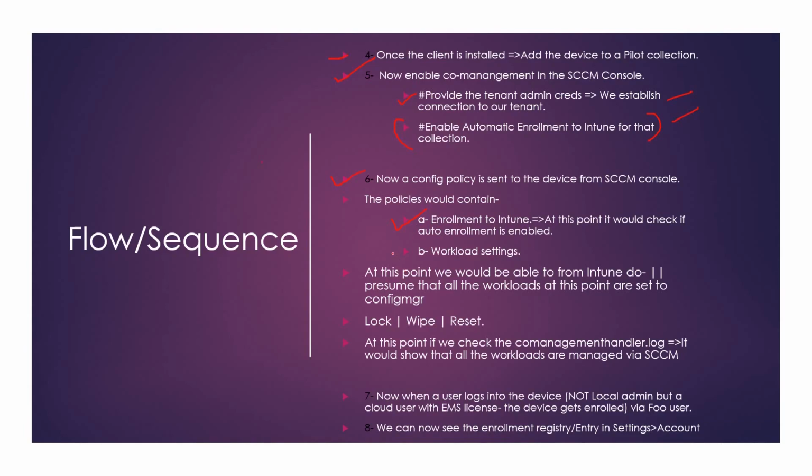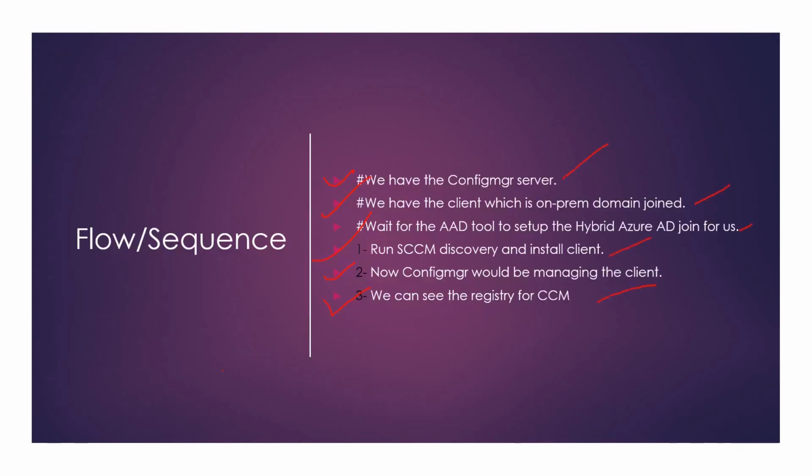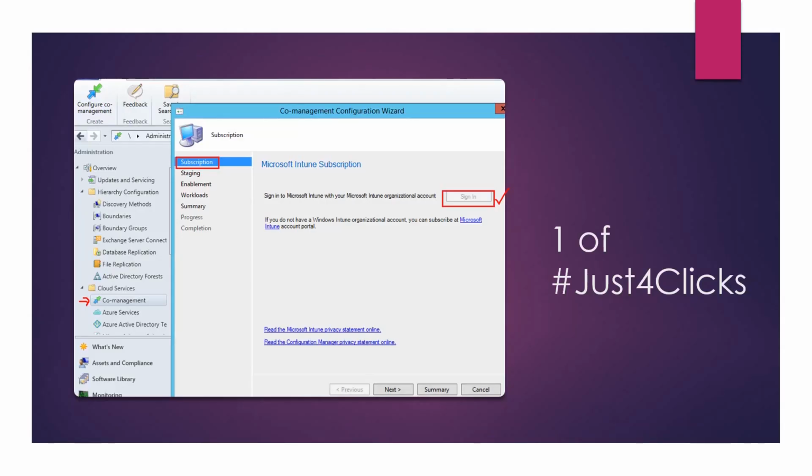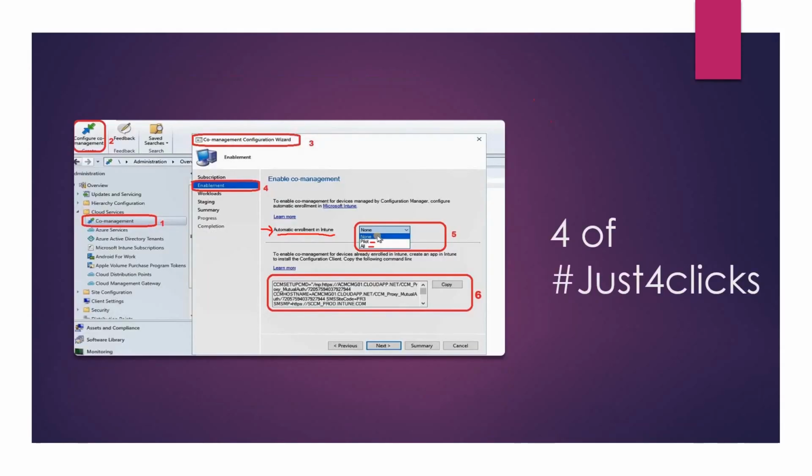The second piece of information that policy contains is the workload setting. Okay. So in this screenshot, let me just show you guys again. In the screenshot over here, all we did was select the pilot or the collection that we had. We did a next and then we did a finish. By default, all the workloads were set in SCCM.